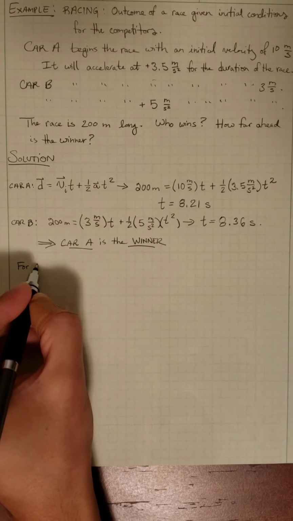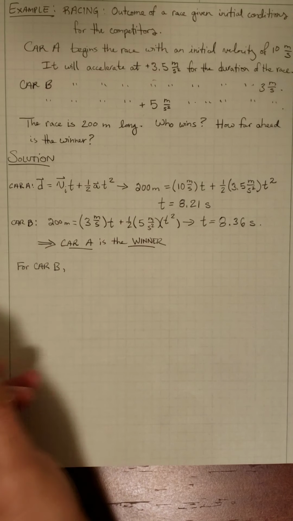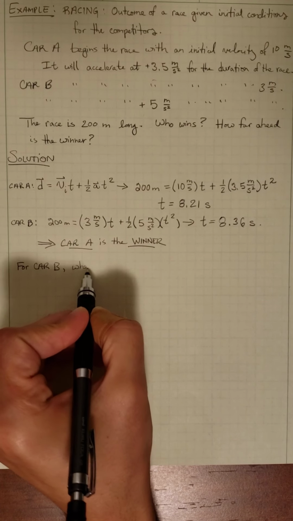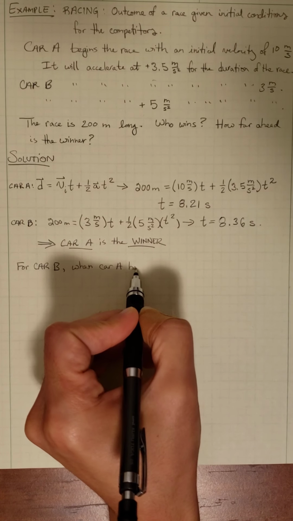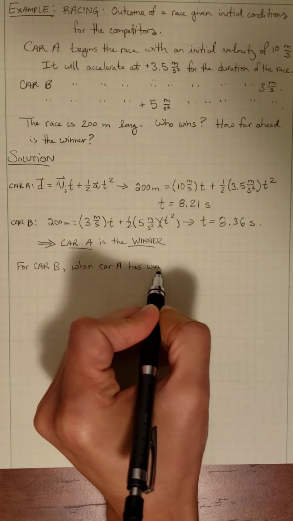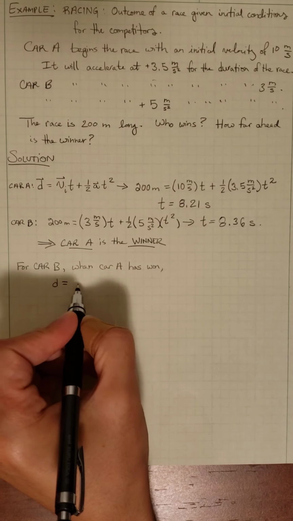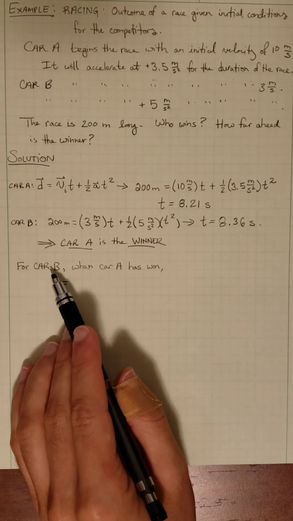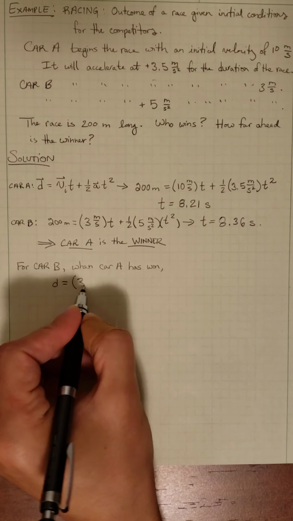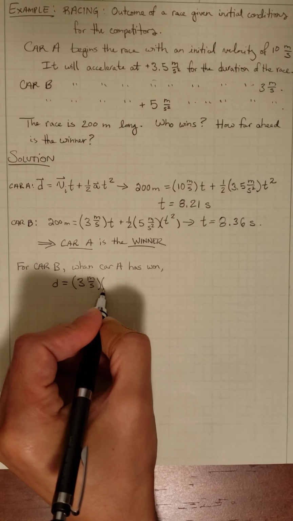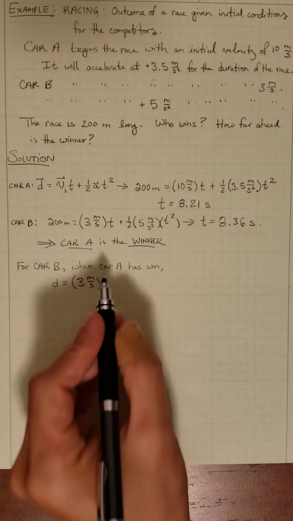then for car B, when car A has won, d equals, now we have car B's initial velocity is 3 meters per second. And what do we use for the time? The time is how long it took car A to win, which is 8.21 seconds.